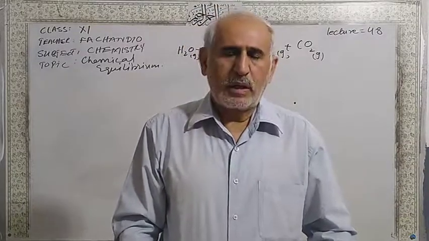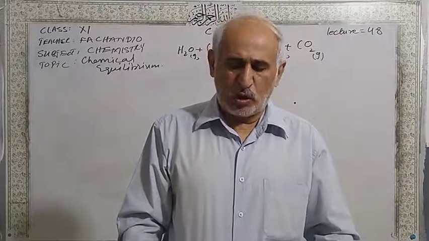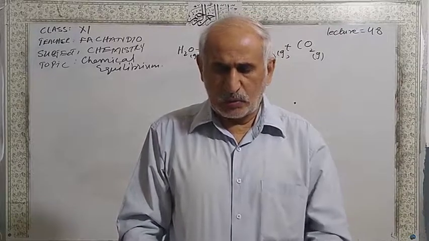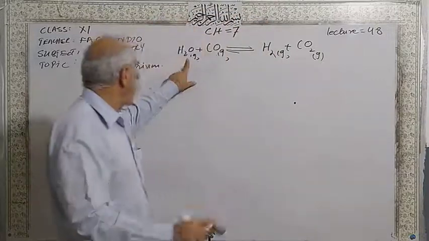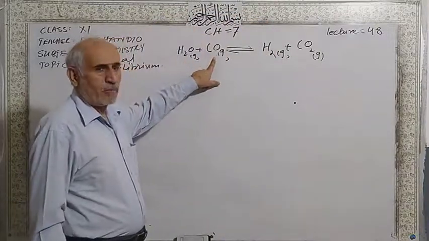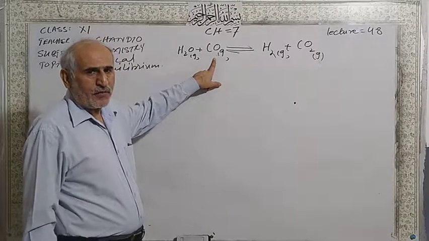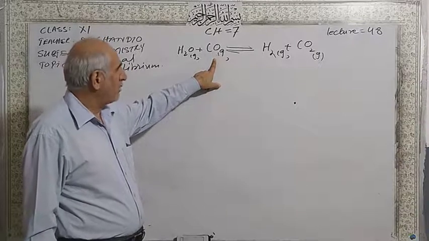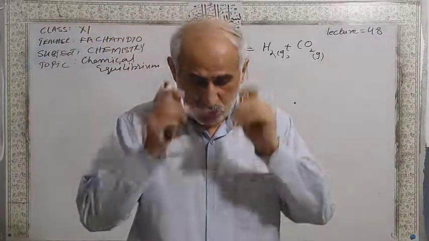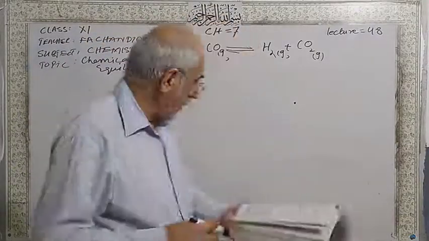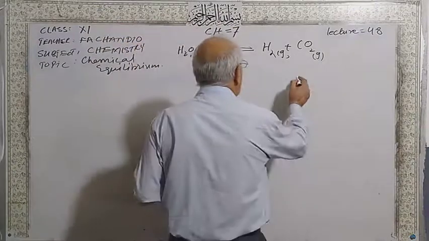When we say chemical equilibrium, in the last lecture I told you that when the reactants react, the initial concentration of reactants is very high. If you see the graph here, I am going to draw it.